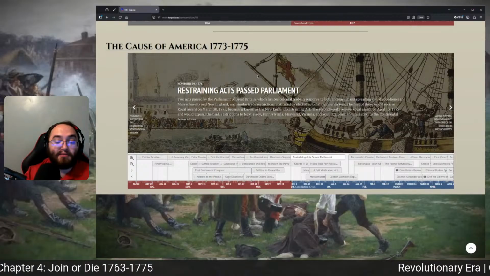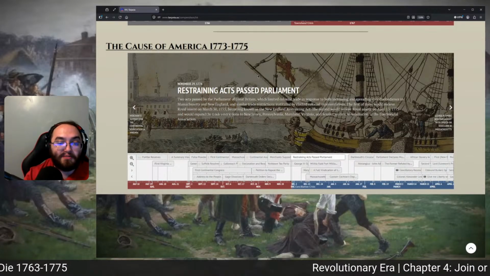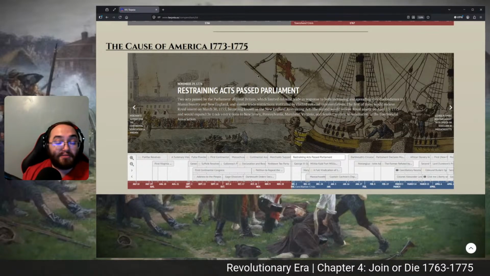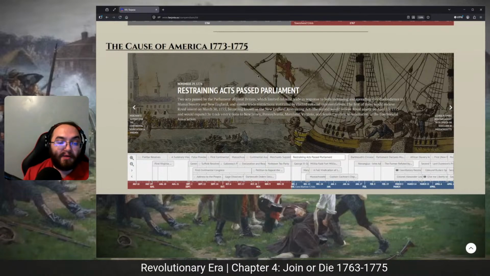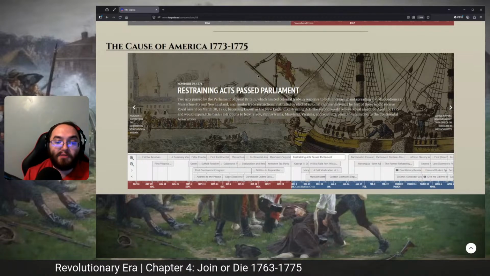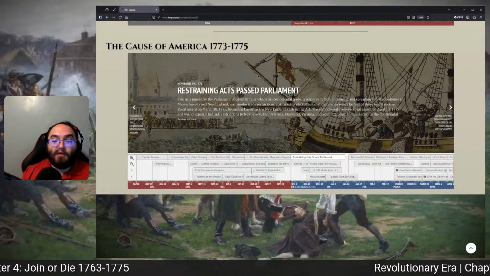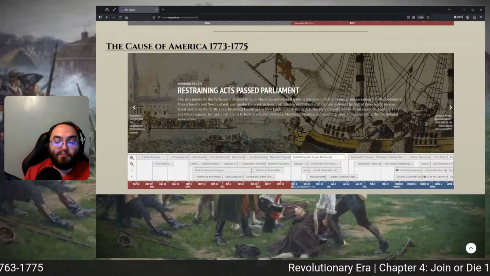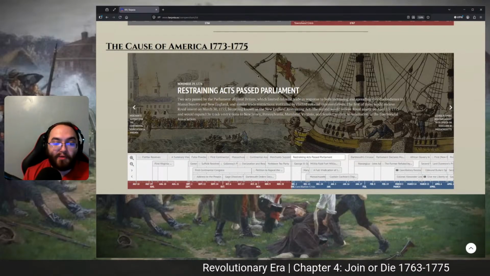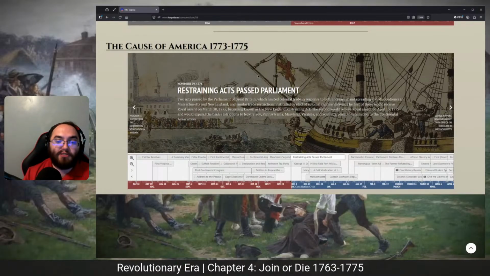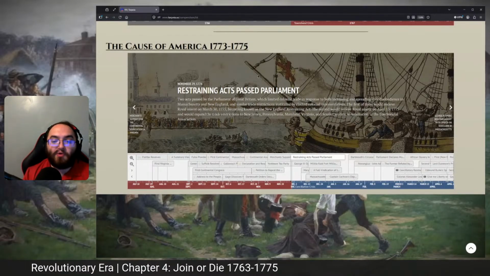The Restraining Act is passed in Parliament. Or restraining acts, there's 2 of them. These 2 acts passed by Parliament of Great Britain limited colonial trade in response to both increasing and spreading civil disobedience in Massachusetts and New England, and similar trade restrictions instituted by elected colonial representatives.